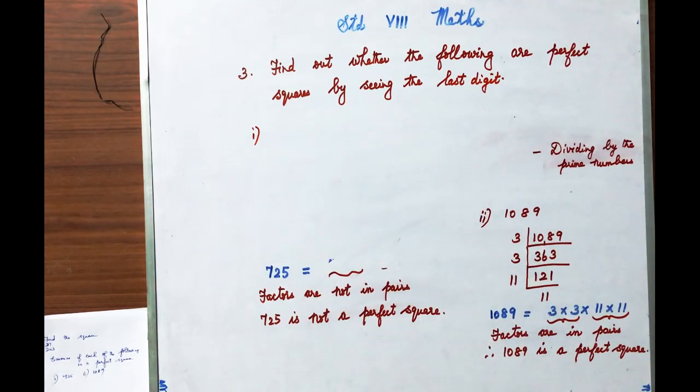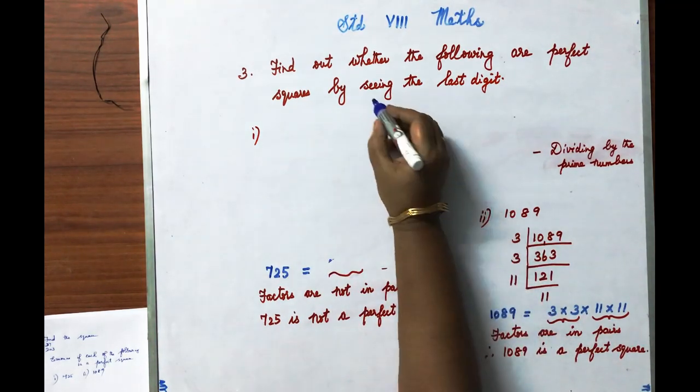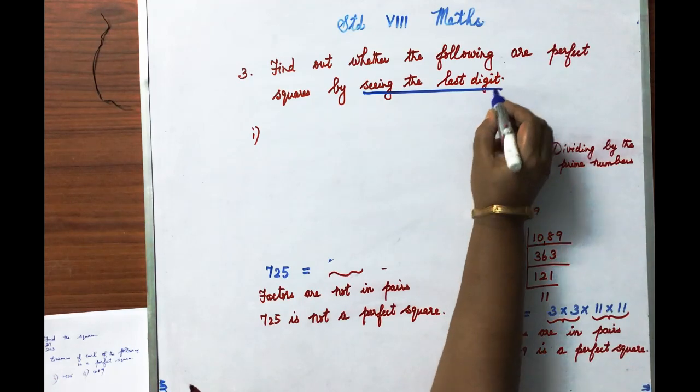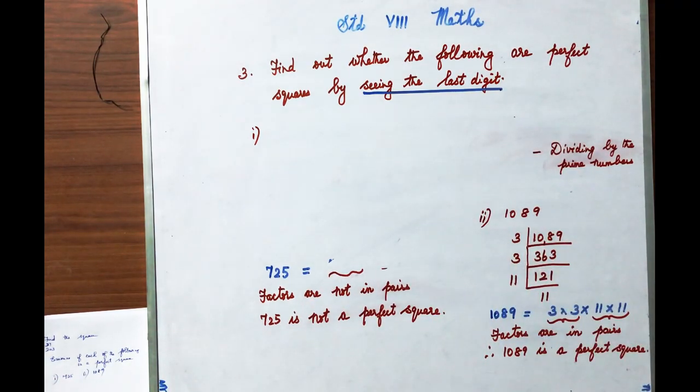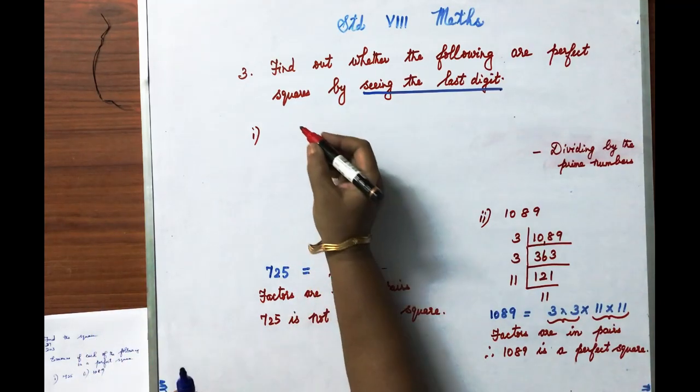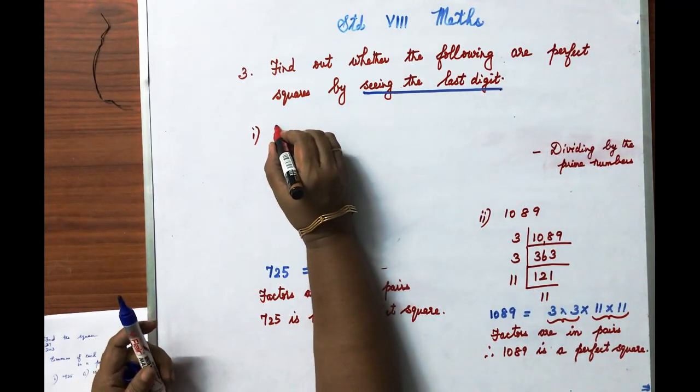If the question is given like this, by seeing the last digit, we need not divide like this, that is prime factorization. By seeing the ones place, we can find out the answer.